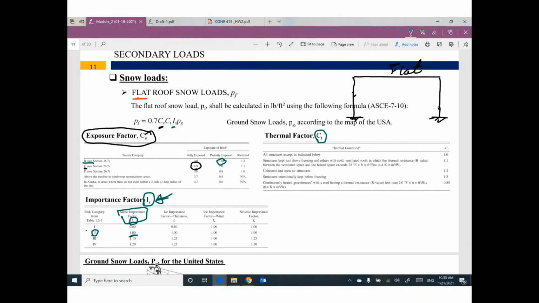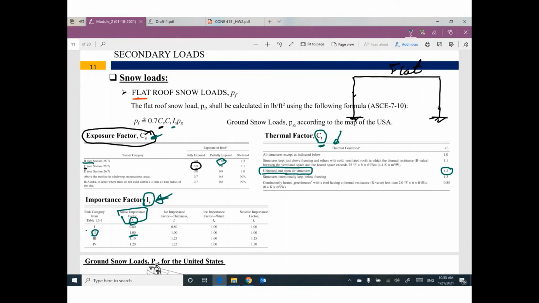For example, if the structure is unheated and an open-air structure, with many openings so the wind can get in and we don't have a heating system in the building, your value will be 1.2. So based on this table, I can figure out the value of CT, the value of CE, and the value of IS.